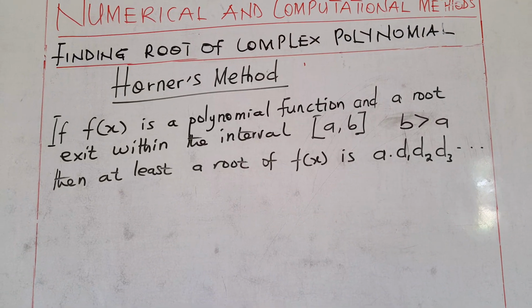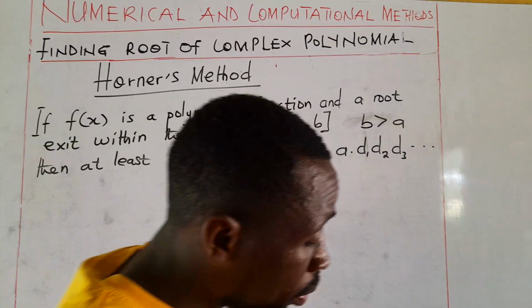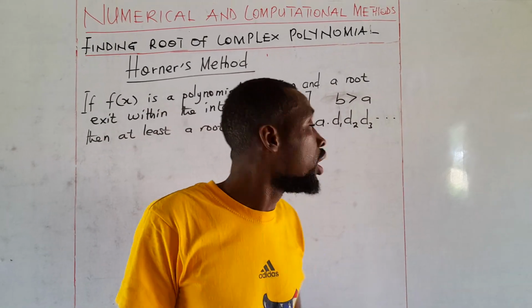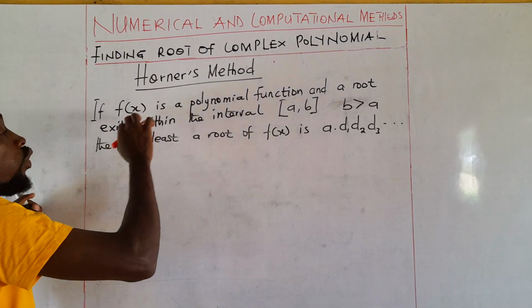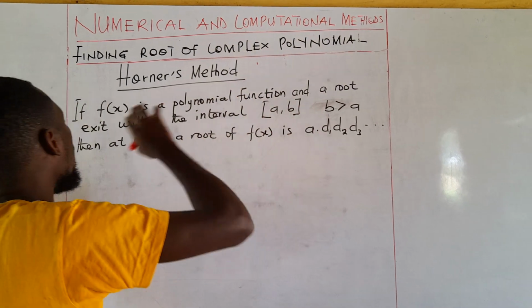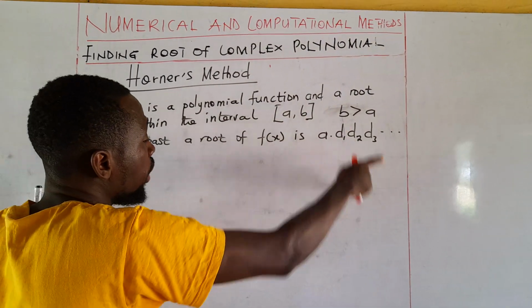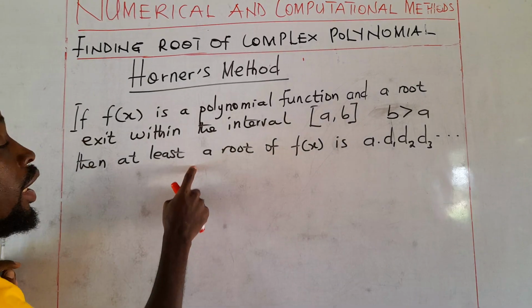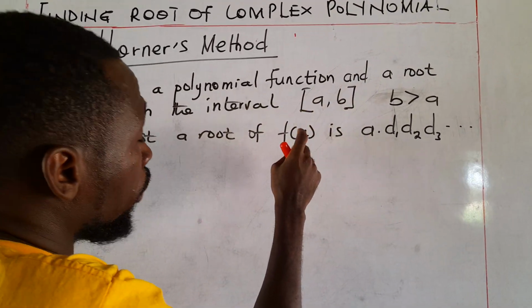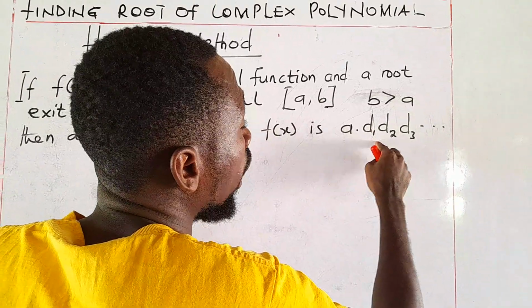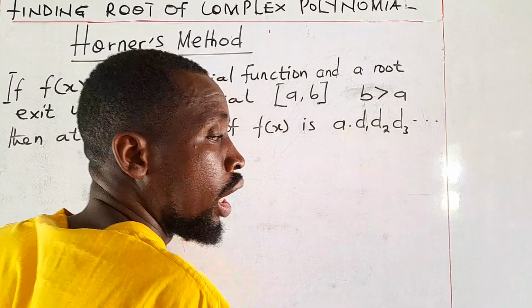Horner's method was discovered by a man known as William George Horner. And what did he say? He said that if f of x is a polynomial function and a root exists within the interval a, b, where b is greater than a, then at least a root of the polynomial function f of x is equal to a point d1, d2, d3 in that order.